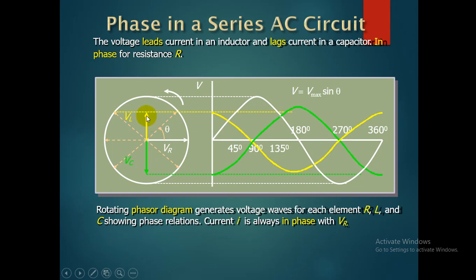When we draw horizontal lines from this point, this is going to be joined here and this is going to be joined here. The joining points take a trajectory. Like that, we get the 3 different voltage waves which we can see in the series circuit when we apply the AC voltage.